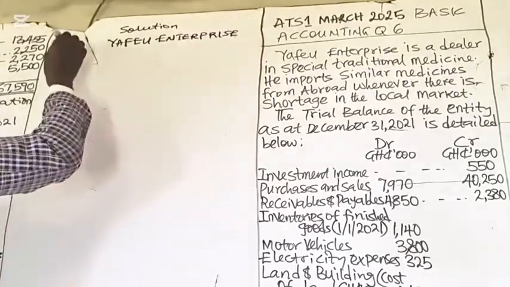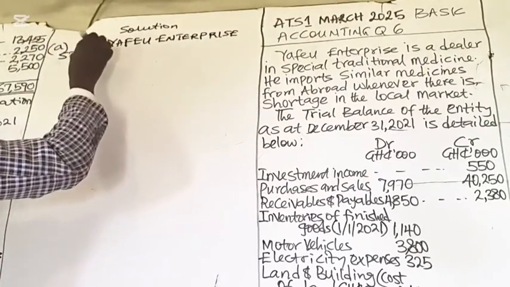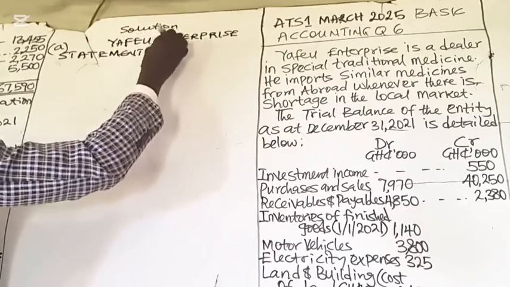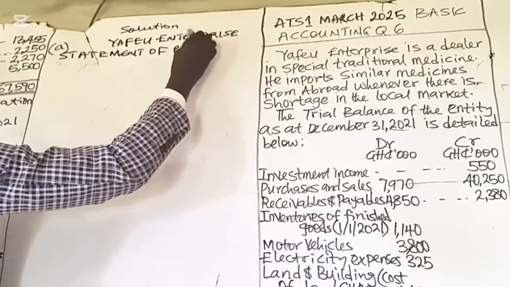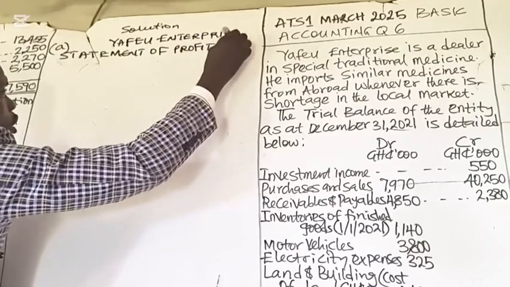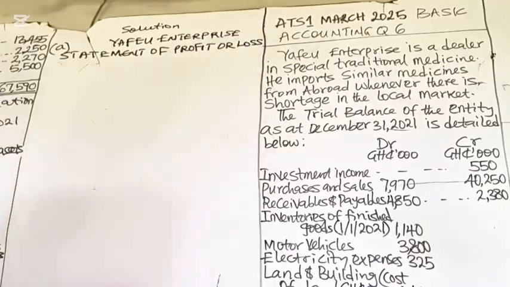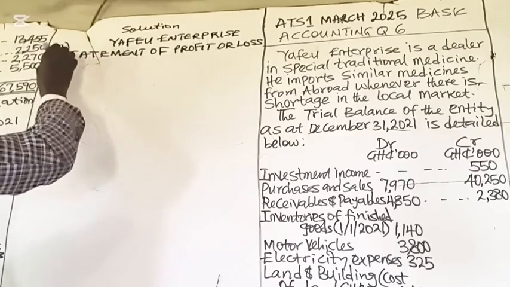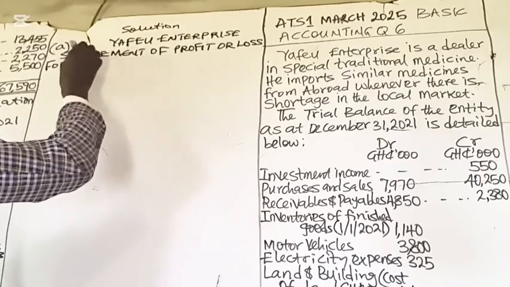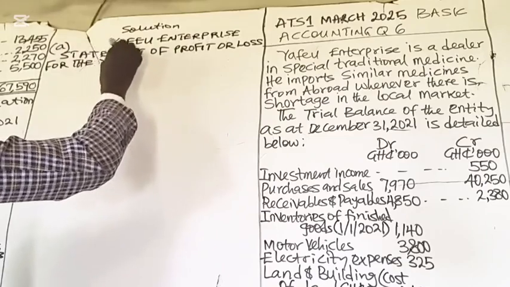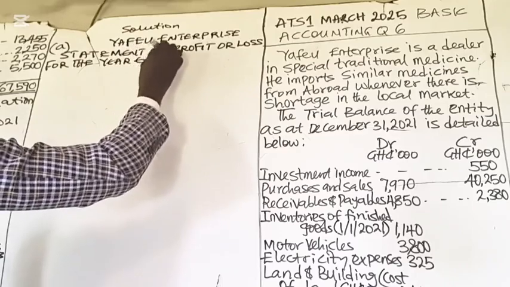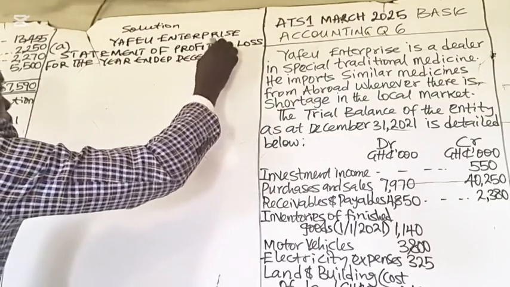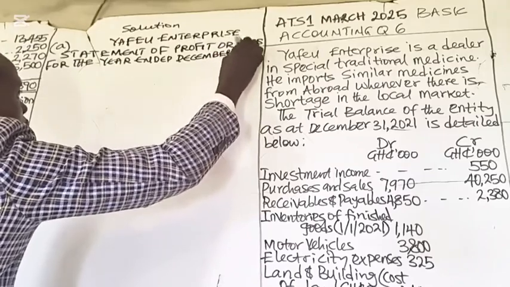You have to prepare a statement of profit or loss. Statement of profit or loss for the year ended December 31st, 2021.